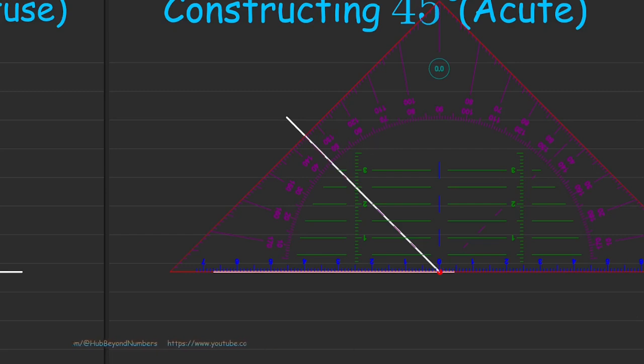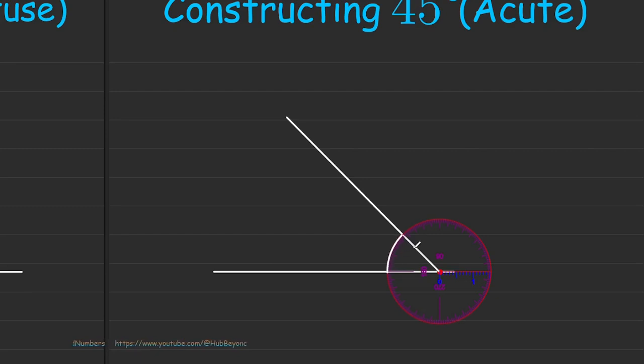Then you can draw a nice arc over here, and I'll indicate that it is 45 degrees. Now, you know what a 45-degree angle is? It's an acute angle. So that is just it.